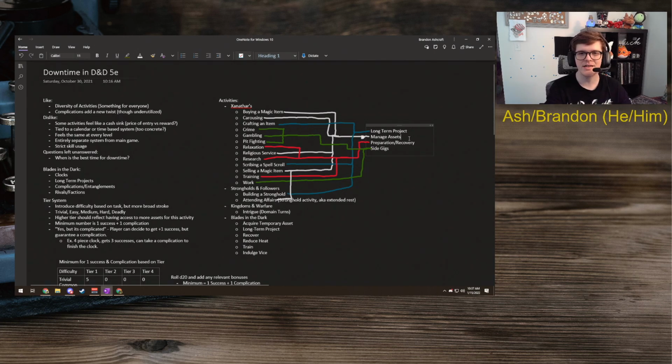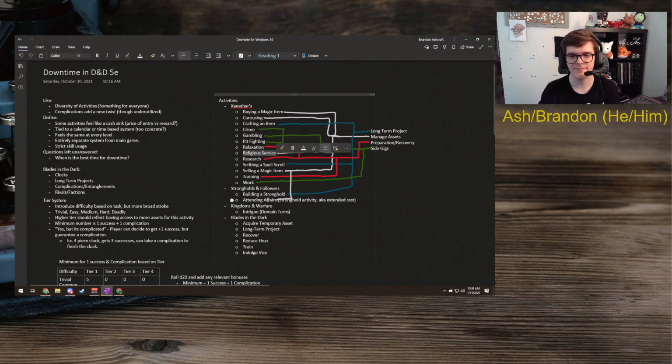Next up is manage assets. Basically anything that came from a long-term project, this is probably what you would use. Buying and selling magic items, carousing, so getting favors from people, religious service, could also be looped into preparation and recovery, but this specifically gives favors from your god or the church, depending.